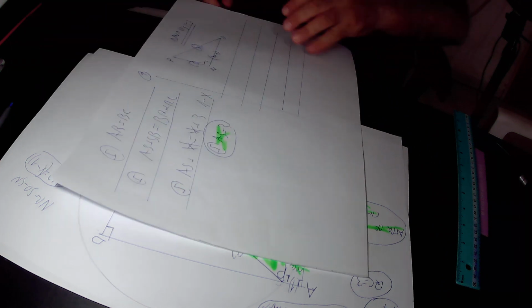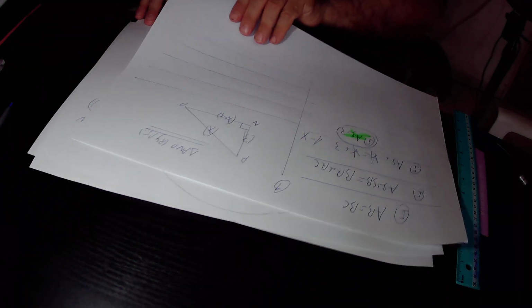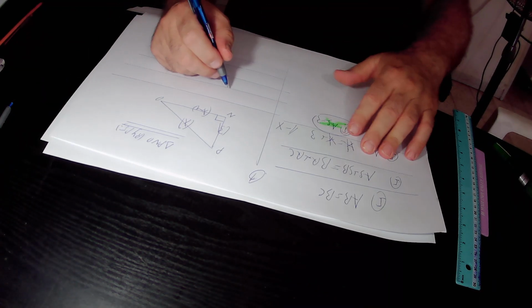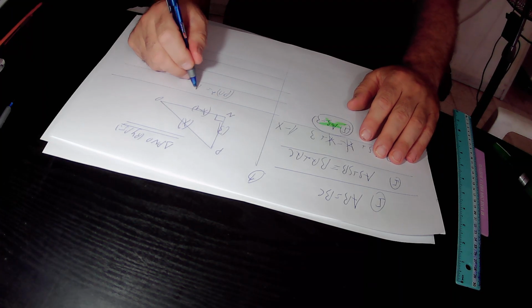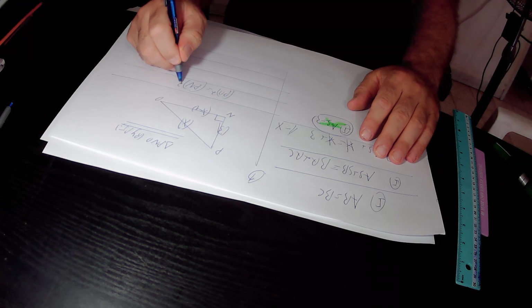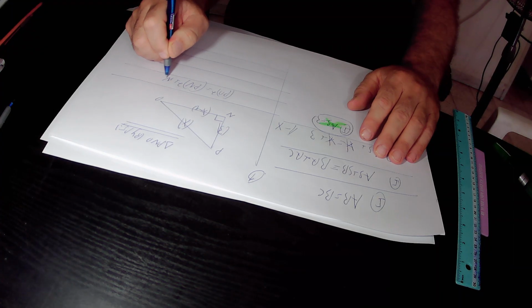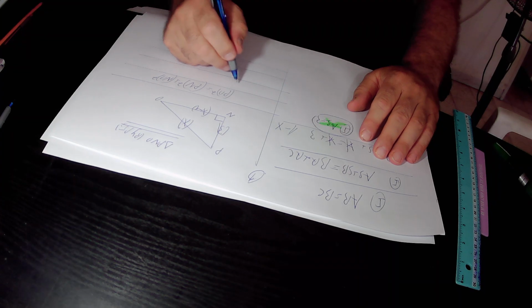PO squared, that is the square of the hypotenuse, equals PN squared plus NO squared. PO is X, therefore PO squared is X squared.